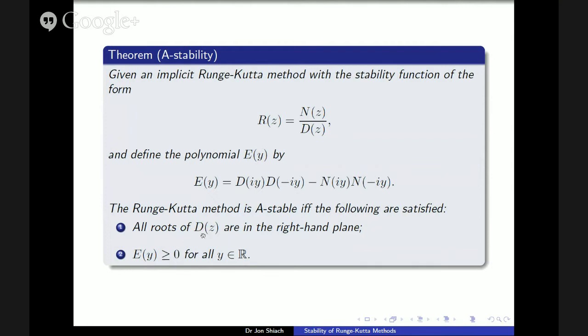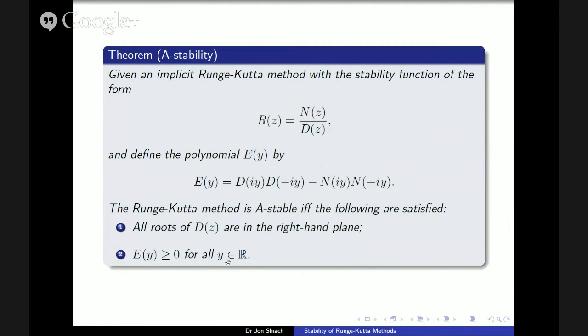If all roots of the denominator function are in the right-hand plane, meaning you calculate the roots of D and the real part of the roots of D is positive, that satisfies condition 1. And if this E(y) function is positive for all y in the real numbers, then we have an A-stable method.